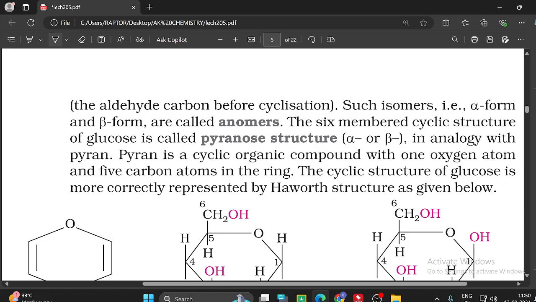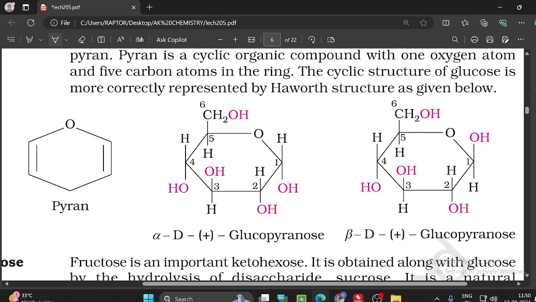Then here, how are we representing the cyclic structure of glucose? We are comparing with pyran. You must know the structure of pyran. It is a 6-membered ring. See, this one you can draw like this also. This is also right.